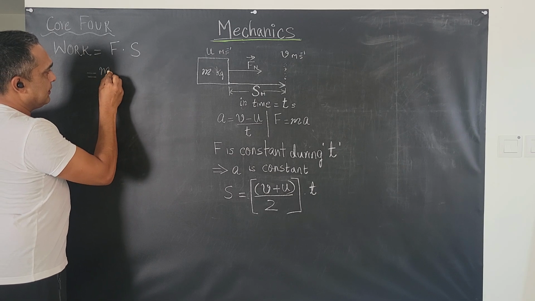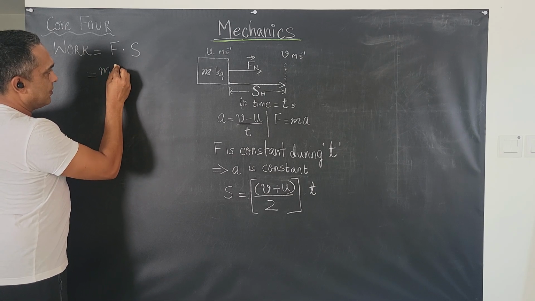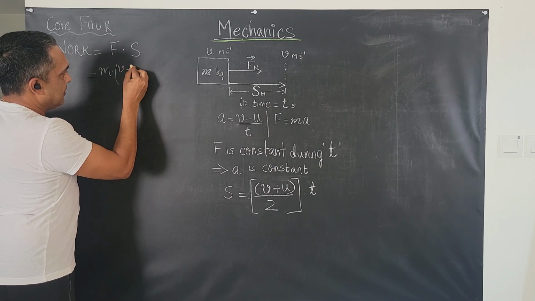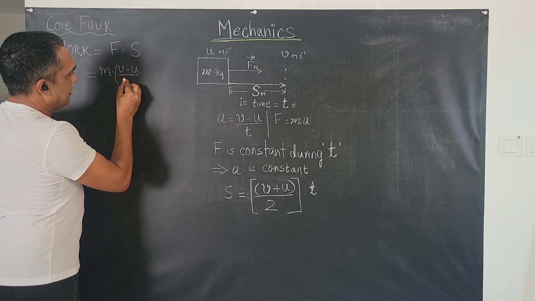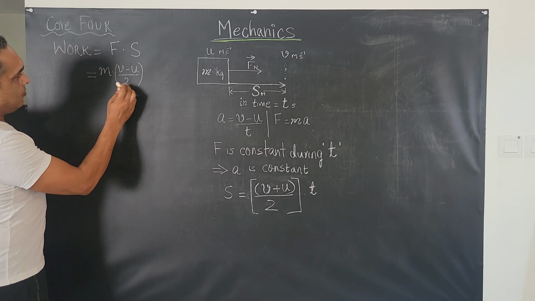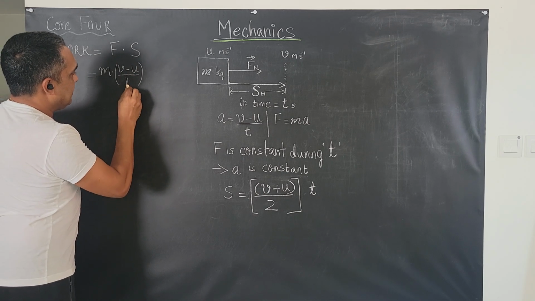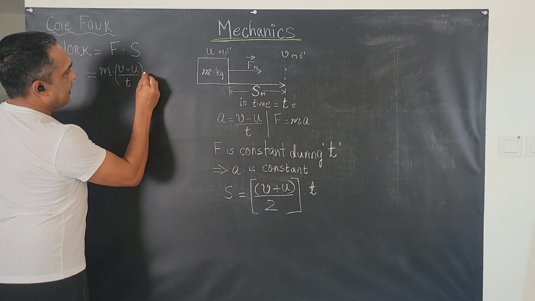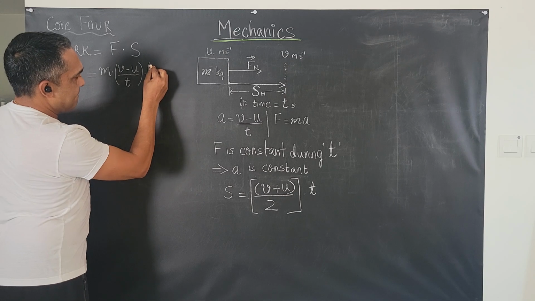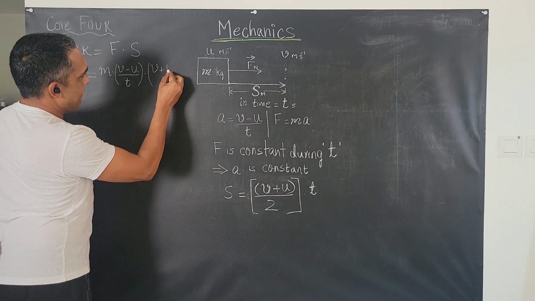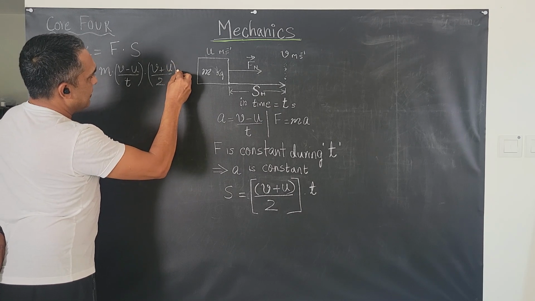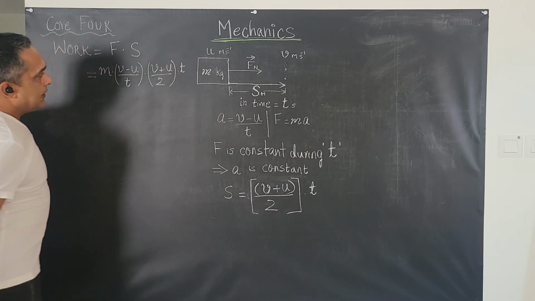mass times, I'm going to substitute acceleration here, v minus u by t, and for displacement I'm going to write v plus u by 2 times t.